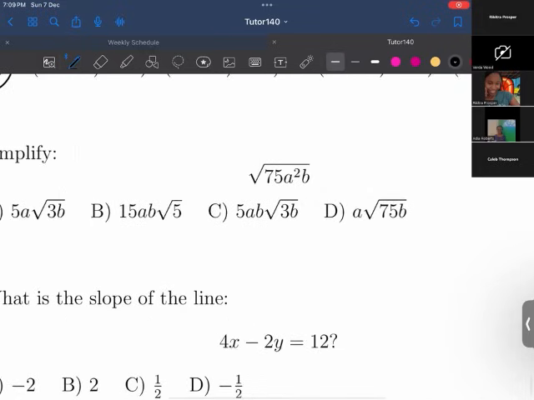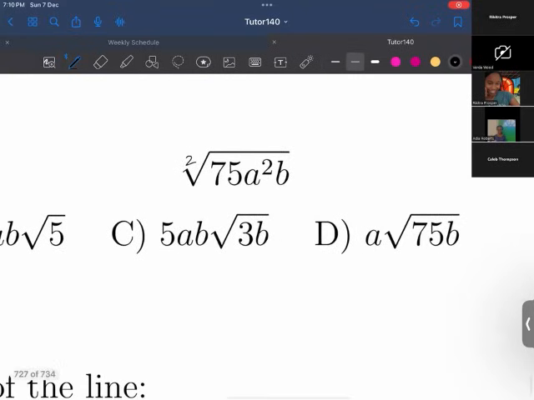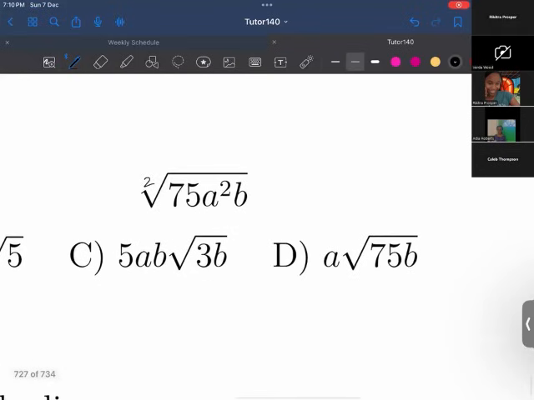Okay, with this, you more than likely will have at least one question regarding this. So you have to know how to do this. This is a radical question. The index on a radical is 2. Since it's not there, the index that would be there is 2, right? So 75 isn't a perfect square, but 75 has a factor that is a perfect square.